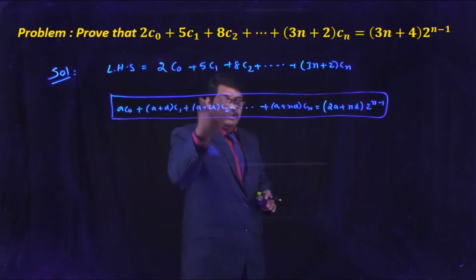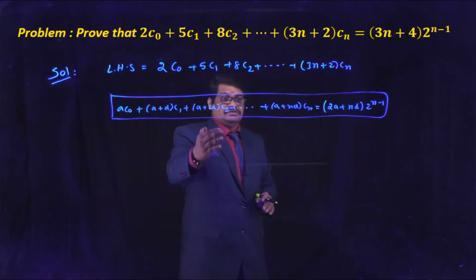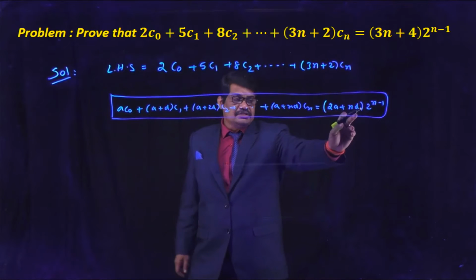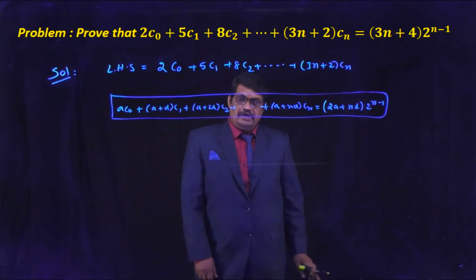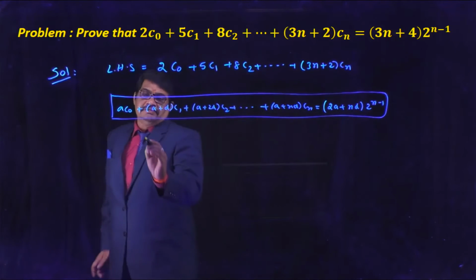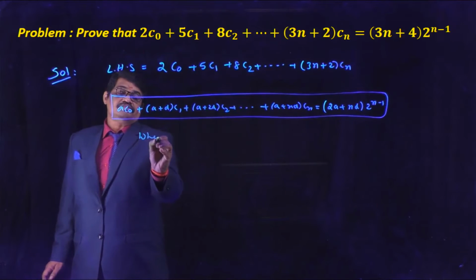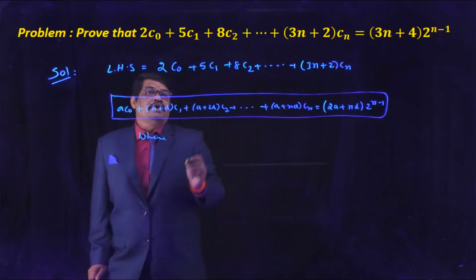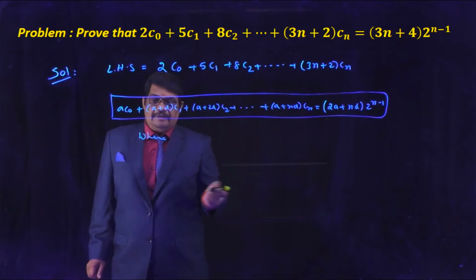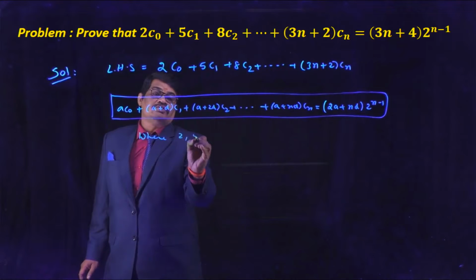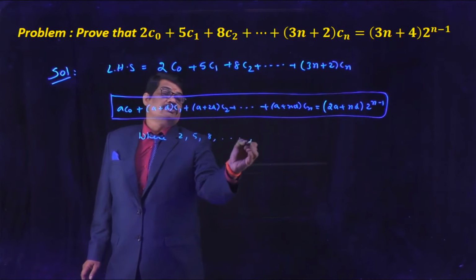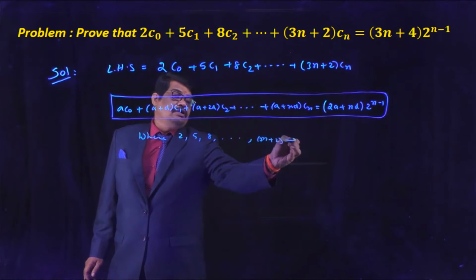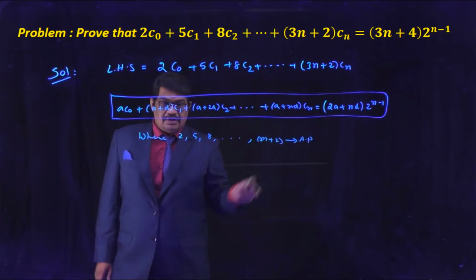So now we are comparing the LHS with this formula. We are getting the result (2A plus ND) into 2 to the power of n minus 1, where the coefficients 2, 5, 8, and so on, 3n plus 2, are in AP.